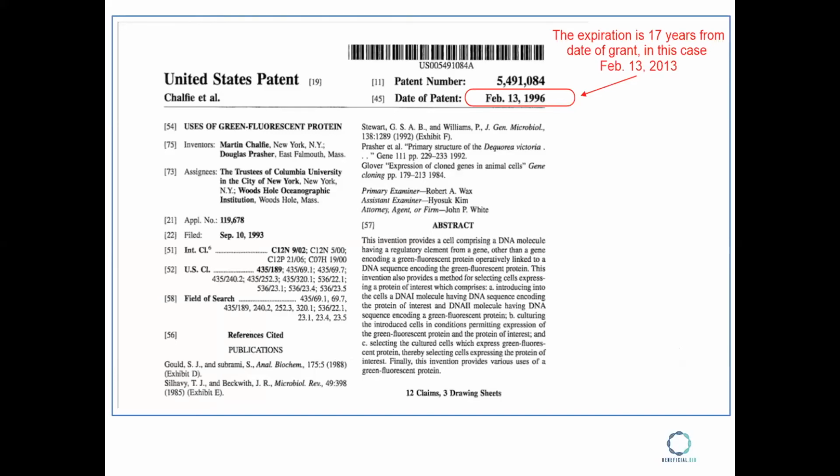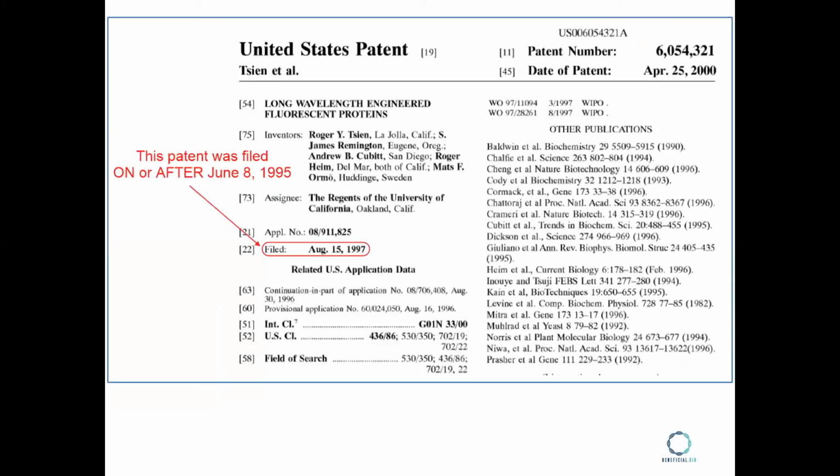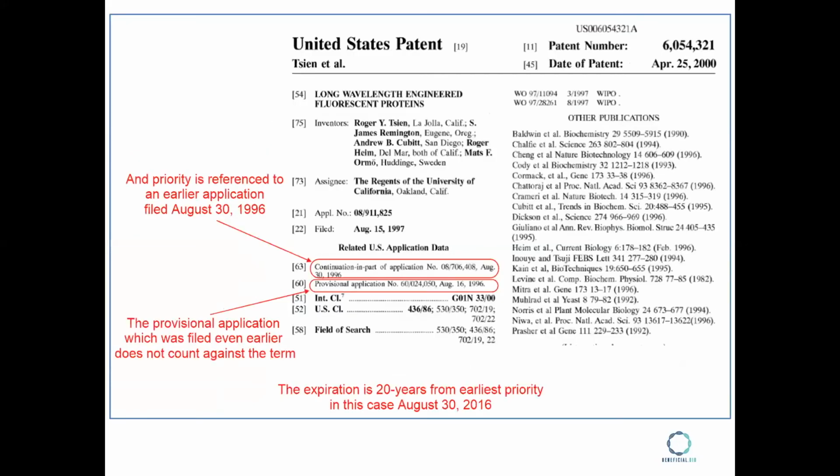In another example, this patent was filed on or after June 8th of 1995. And so now we know that that's going to be 20 years from the date of earliest priority. Well, what do you mean, earliest priority? If you look a little bit below the filing date, you see that the priority was referenced to an earlier application that was filed on August 30th of 1996.